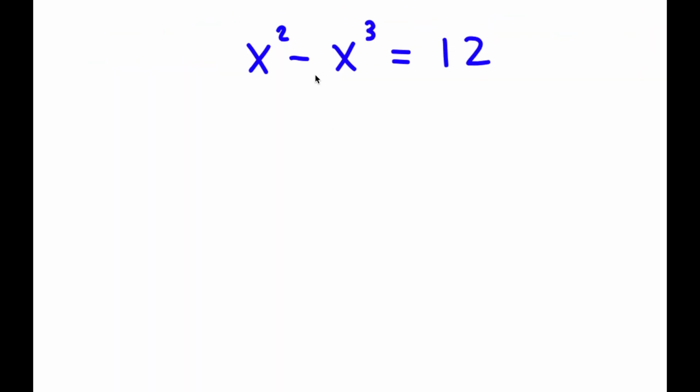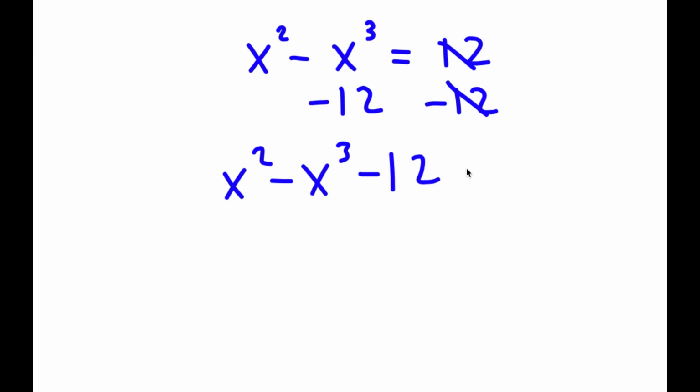Alright, so in this problem, I have x squared minus x to the power of 3 is equal to 12. So to solve this, I'm going to first start by subtracting 12 on both sides. So now I have x squared minus x to the power of 3 minus 12 is equal to 0. Now I'm going to multiply both sides by negative 1.